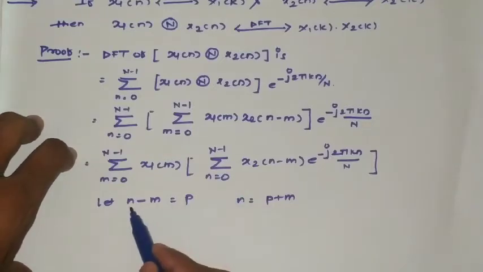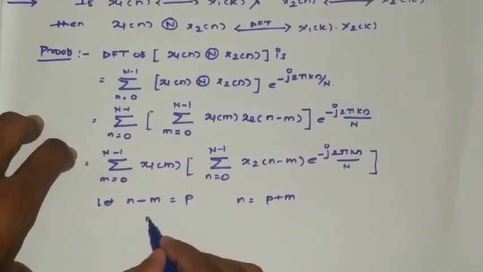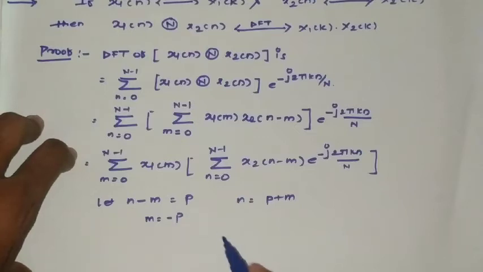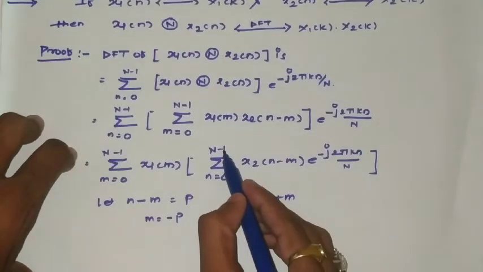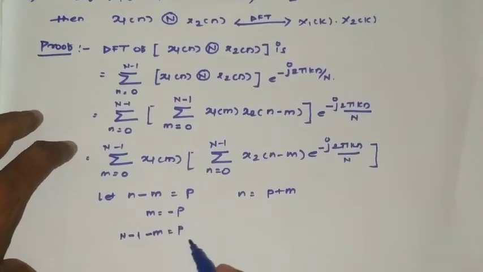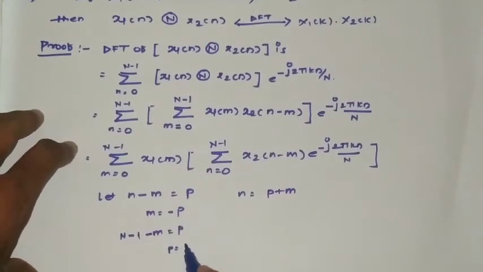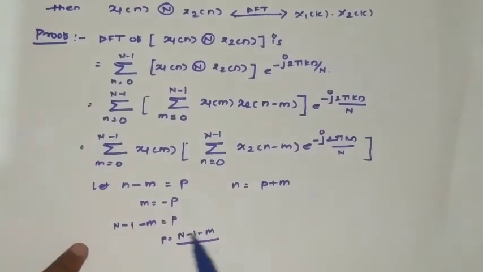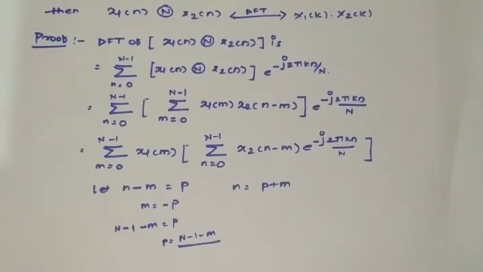When we put n as 0, m becomes equal to minus p, and when we put the upper limit as N minus 1, this becomes N minus 1 minus m is equal to p. That means p is equal to N minus 1 minus m. So we got both the limits, lower limit as minus m, upper limit as N minus 1 minus m.